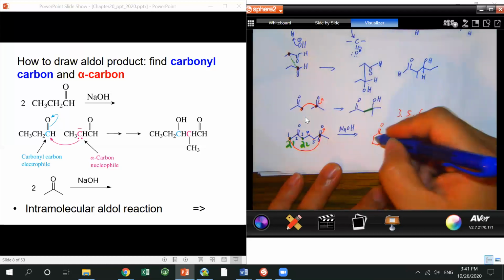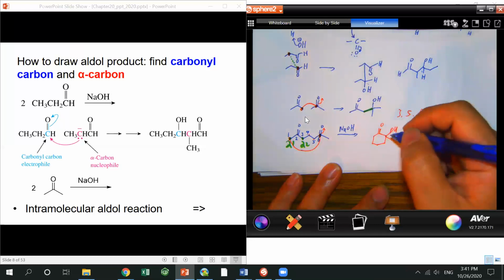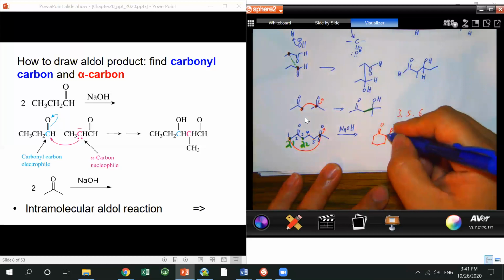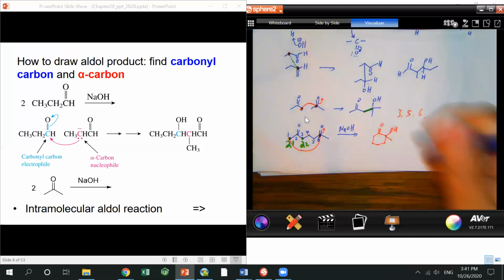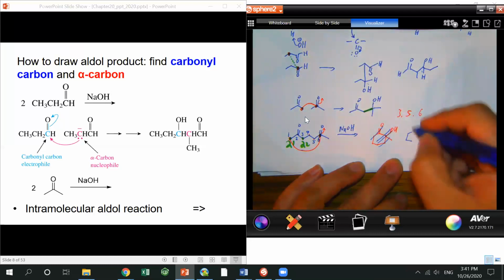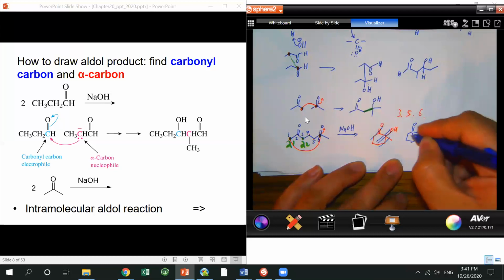So 1 is the alpha carbon. No, that's wrong, the alpha carbon should be here. This is the wrong structure. 1, 2, 3, 4, 5, 6.